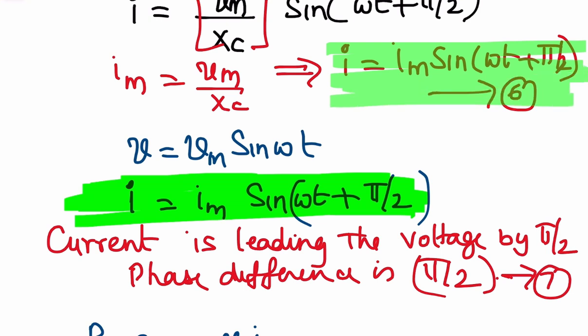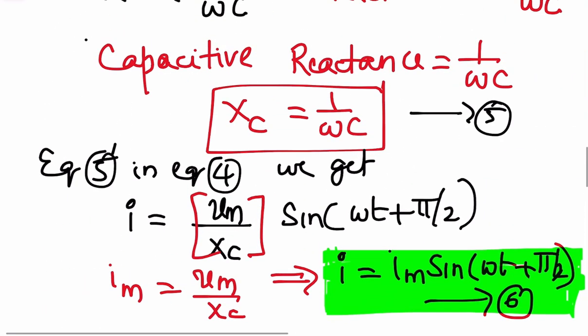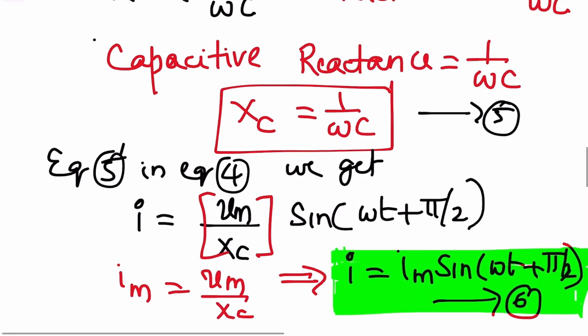Then we need to know next, the reactance Xc. Here we have reactance: Xc is equal to 1 by omega c. The next thing is the phase difference between voltage and current.